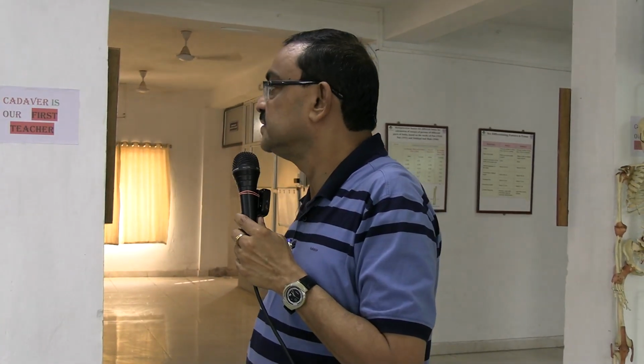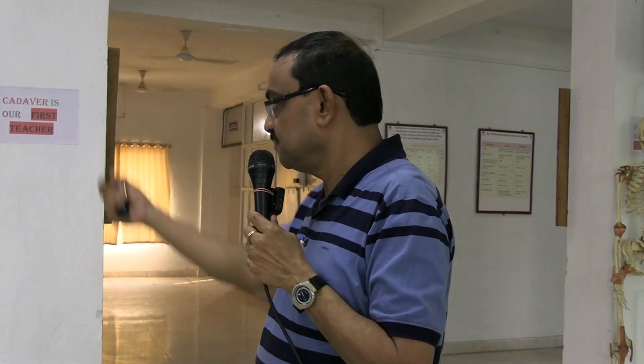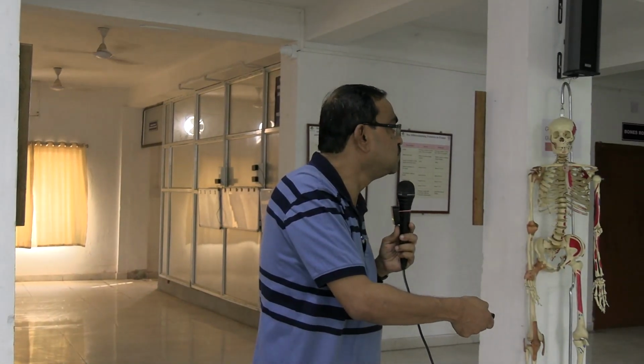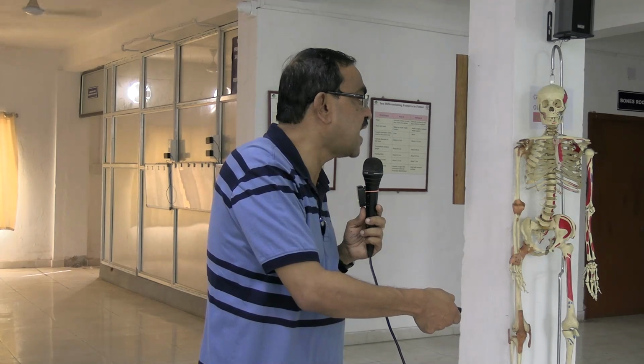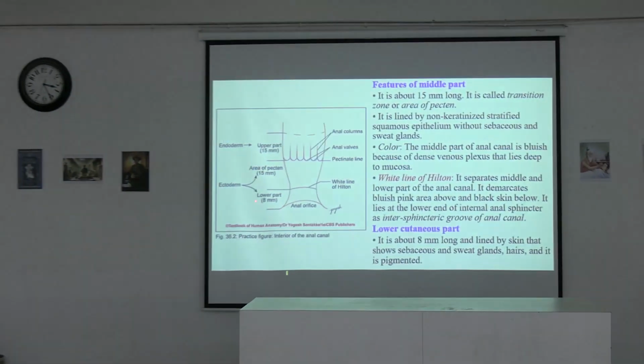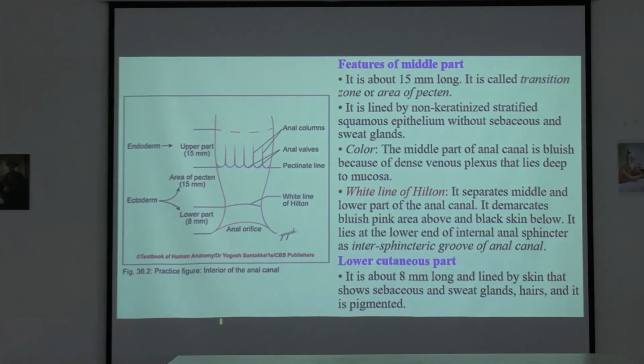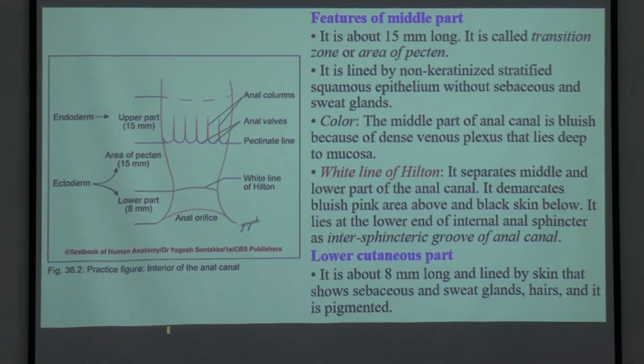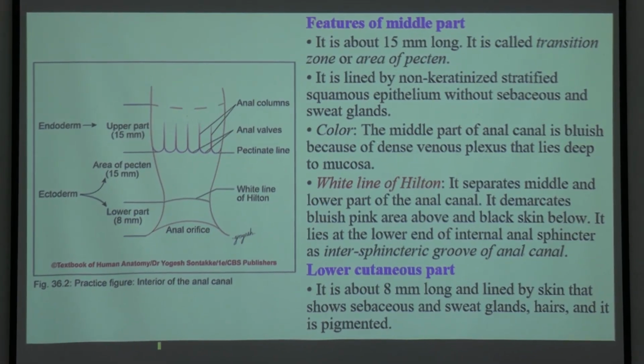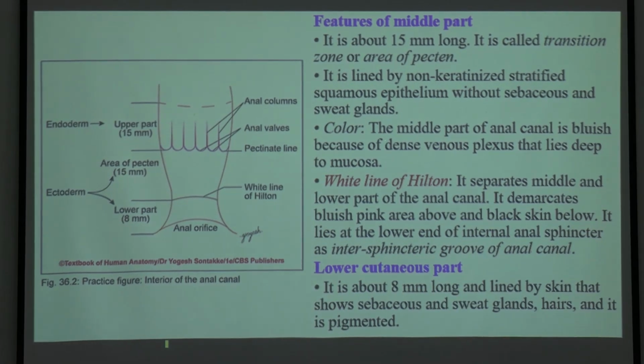Fistula means any passage. Any purulent material may come out through this area. It can create a tract from the anal canal. That is called anal fistula.